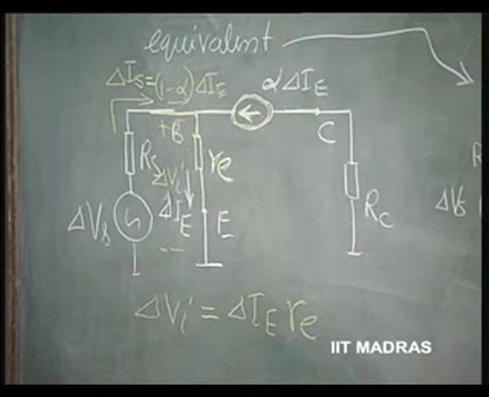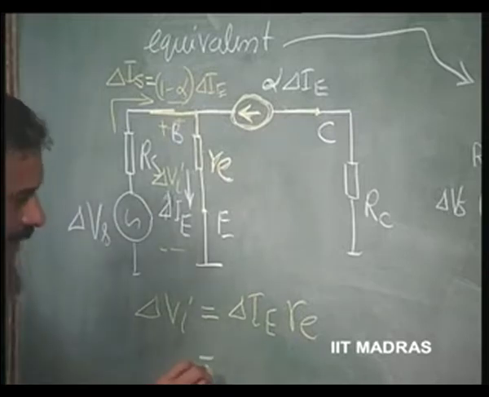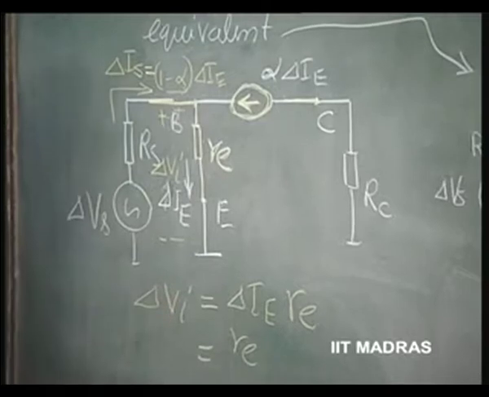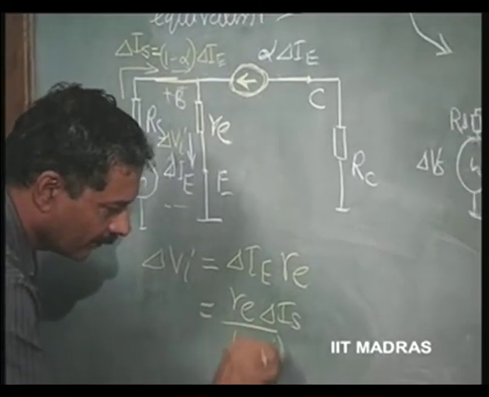So, what is delta IS? 1 minus alpha times delta IE. So, we can represent this as RE, and delta IE can be replaced as delta IS by 1 minus alpha.